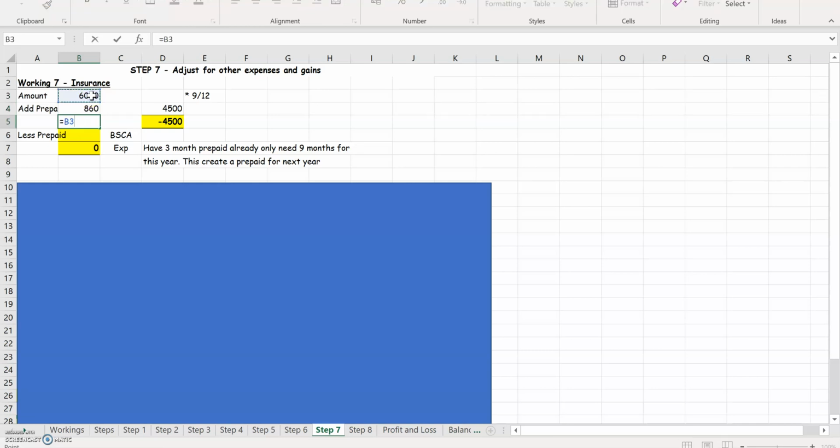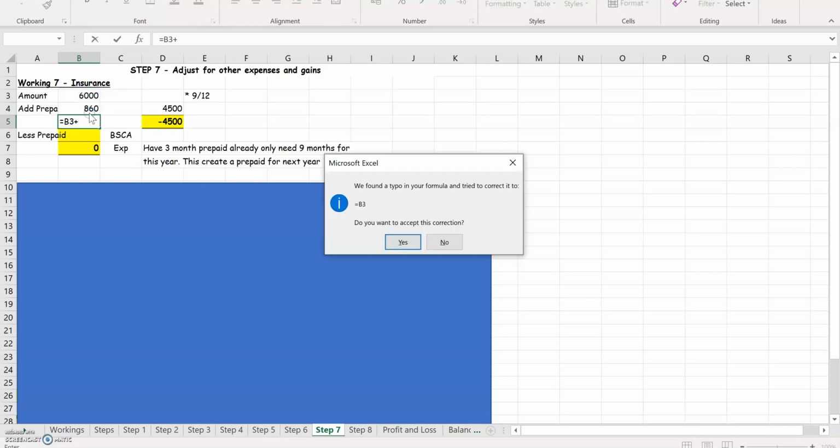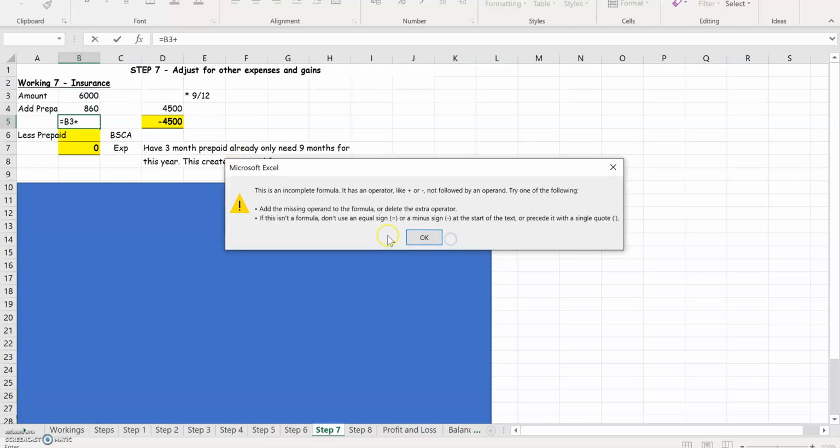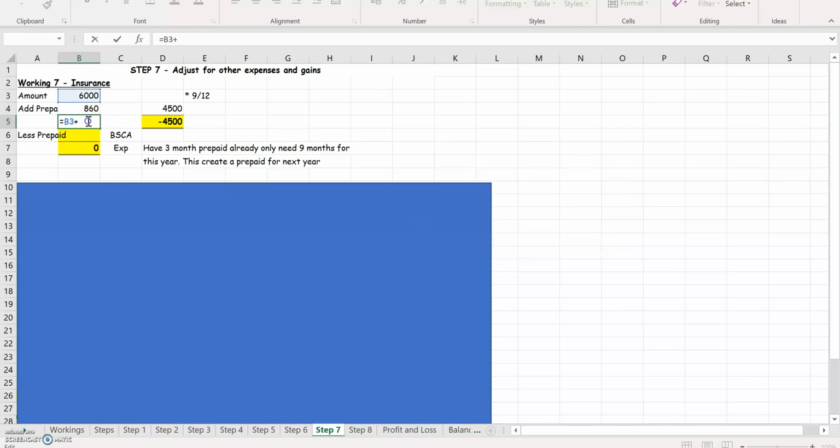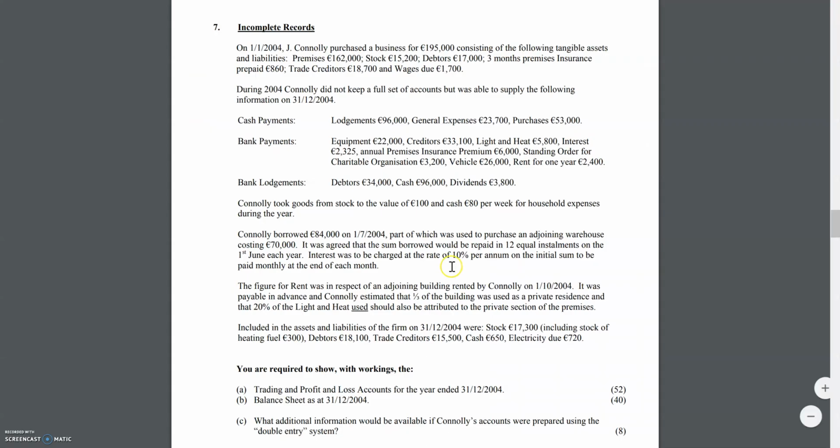So our insurance that we paid so far is going to be 6,860. Now, of this prepaid amount, so we have premium insurance for the year. So if we've paid 3 months, then of this, only 9/12 of that is for this period.